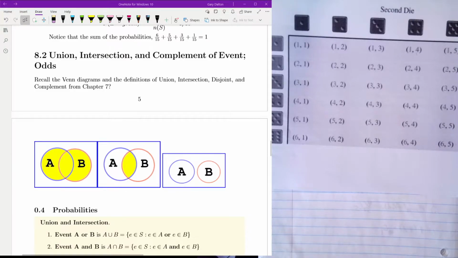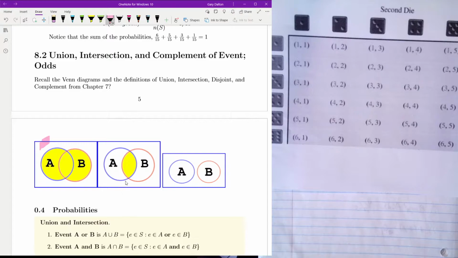This is very similar to what we've already seen in regards to intersection and sets. So this first one represents a union. So this is A or B. So every element in A or in B. So an element if it is in A or if it is in B. And we already know how that works.